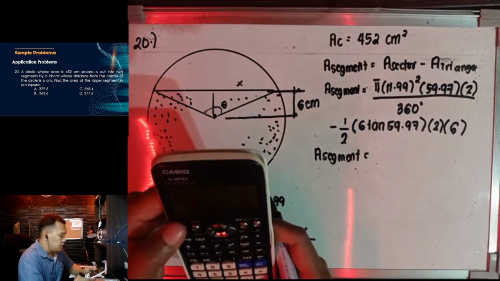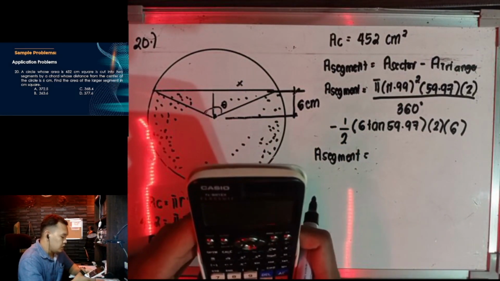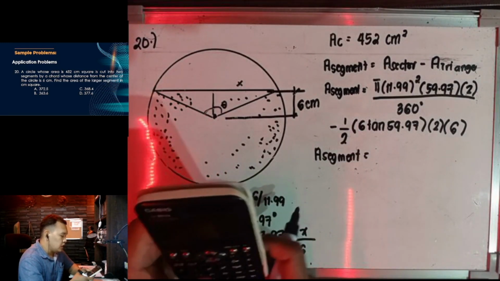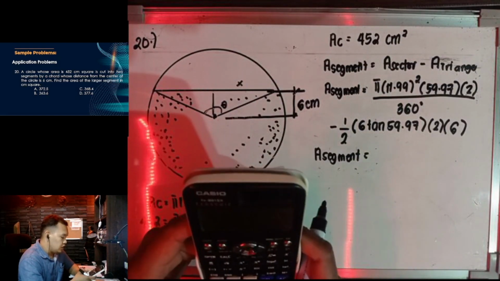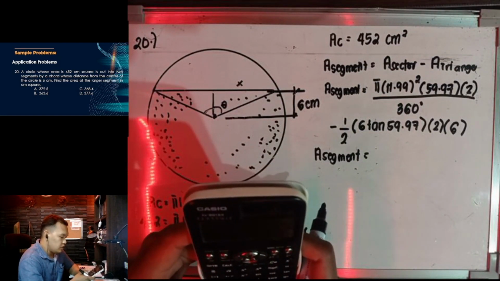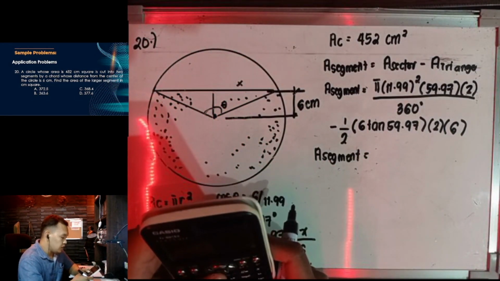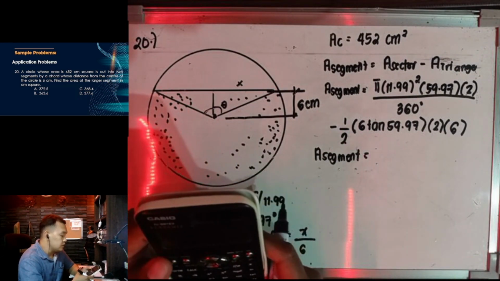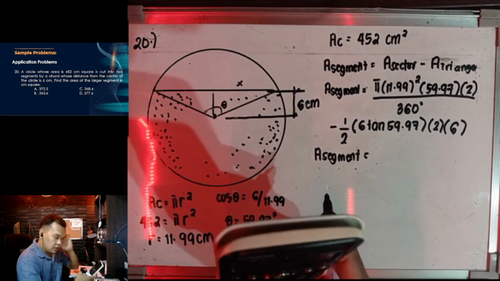Then, area of segment is equivalent kay, calculate natin, pi times 11.99 squared times 59.97 times 2 divided by 360 minus 1/2 ng 6 tangent 59.97 multiplied by 2 times 6 equals 88.19.